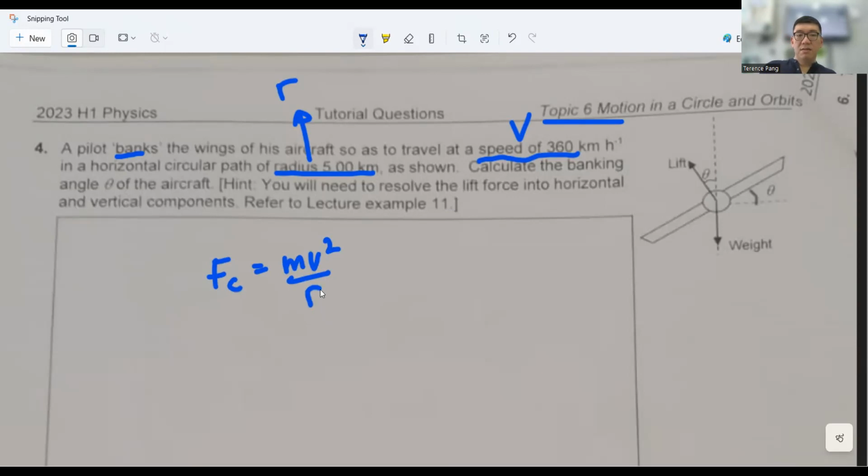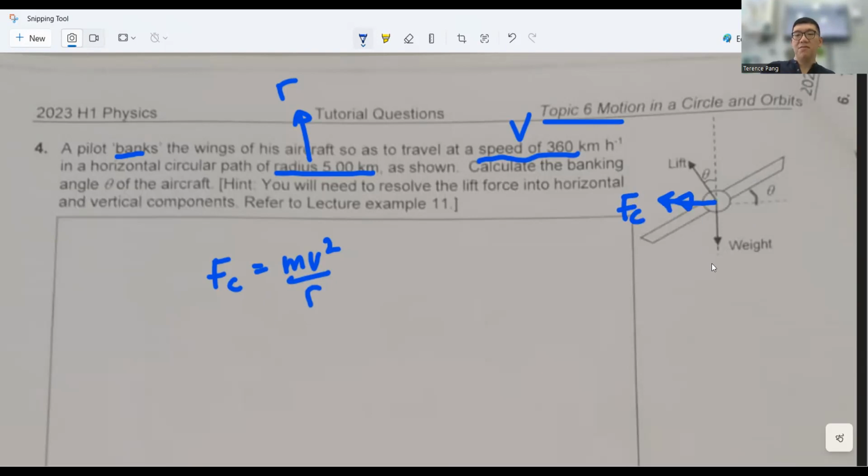So just plug in. So what are you given? Your F_C is in the free body diagram. What's your F_C? The centripetal force is 90 degrees, horizontal to the left. Double arrow, so you can draw an F_C double arrow here.